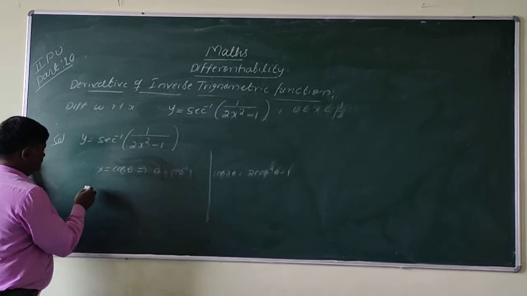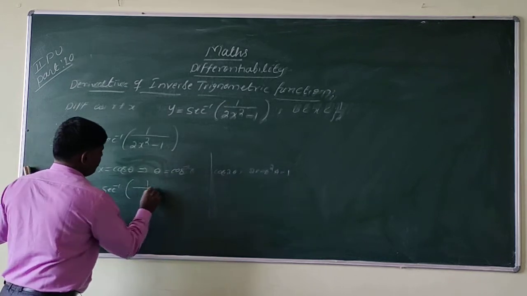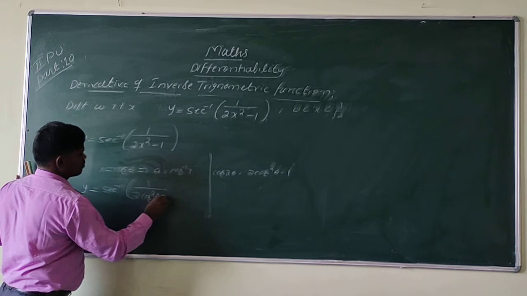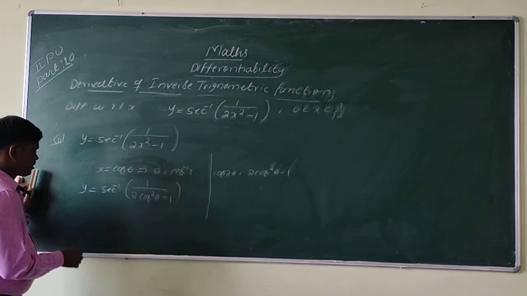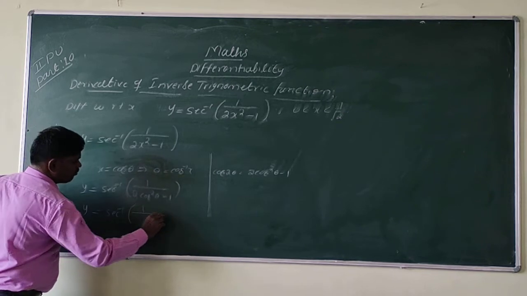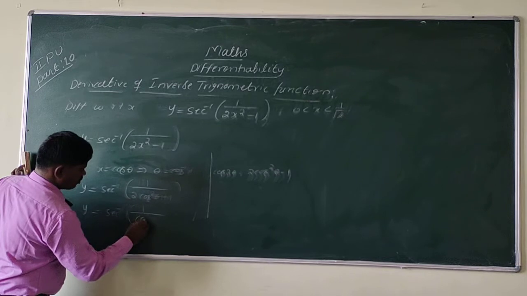That is y is equal to secant inverse of 1 by 2 cos square theta minus 1, which can be written as cos 2 theta.